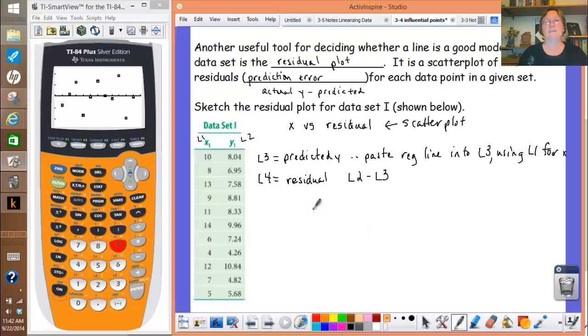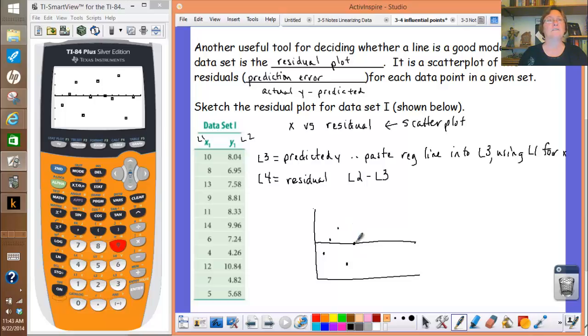And I want to have you sketch that graph here. And then I want to talk about what it is showing. The heavy line through the middle, of course, is the x-axis, because some of our residuals are above, we predicted over, some are below, we predicted under. The line in the middle is the x-axis, and what you are looking for in a residual plot is no discernible pattern. Now I'm going to try and draw this.